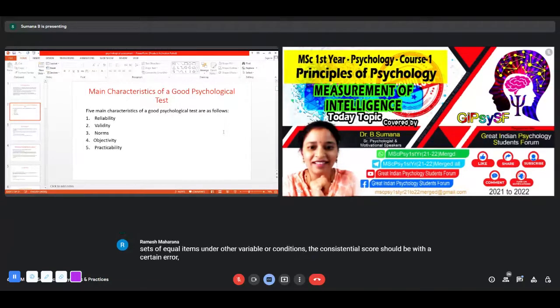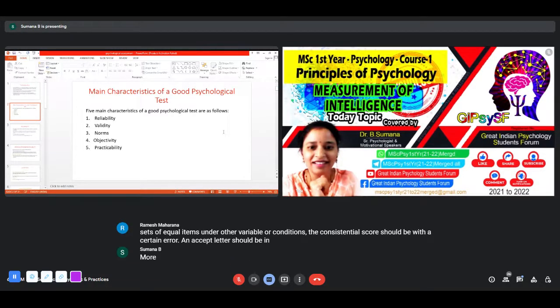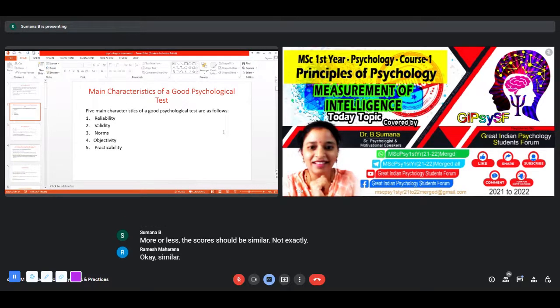So the acceptable error should be the same; more or less, the scores should be similar. There are a lot of coefficients, like the internal consistency coefficient and alpha coefficient, which we will discuss anyhow. I want to know how much you know about these characteristics.